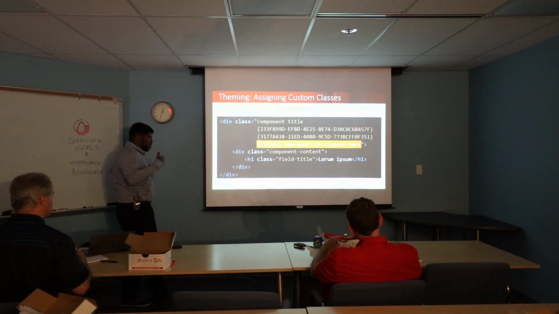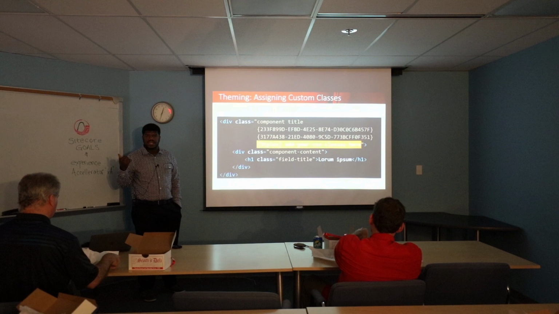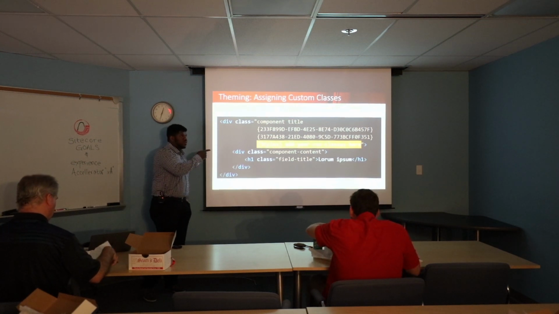Now, if you wanted to take one of the themes and just add an additional class that may come from an external CSS file, you can do it here as well.